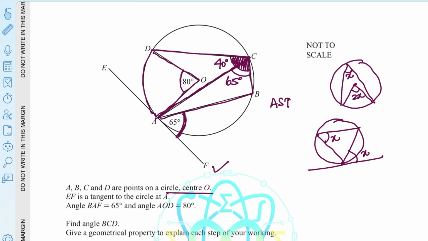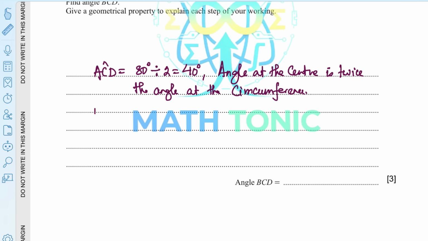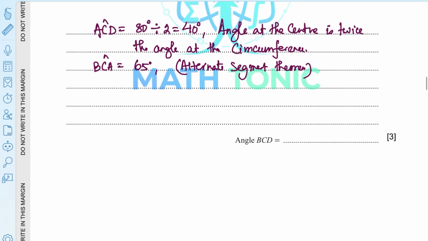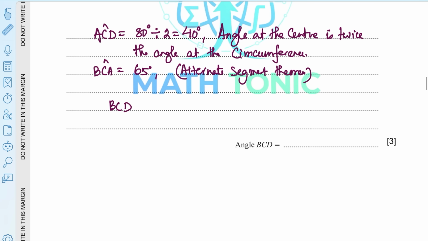So we can write angle BCA equals 65 degrees, due to the alternate segment theorem. Now the question is to find the angle BCD. These two angles, simply add them. So BCD equals 40 plus 65, that equals 105 degrees. Got it? So this is the answer for this question: angle BCD equals 105 degrees.